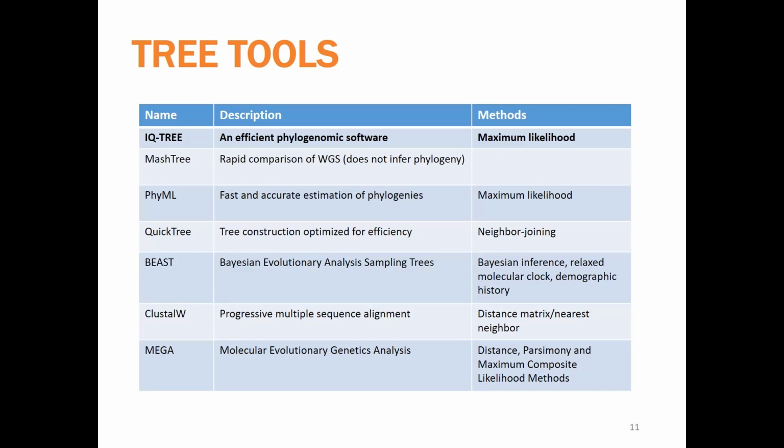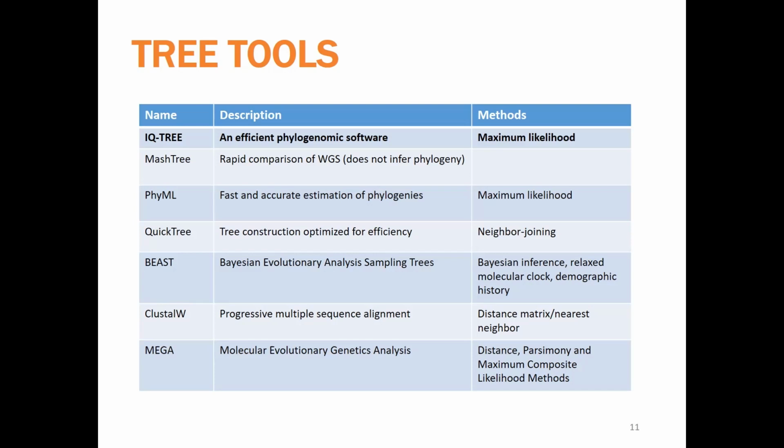You can run it just off of your FASTA or FASTQs if you just want to get a snapshot of the orientation. There's PhyML, which is also a maximum likelihood tree method. There's QuickTree. These other tree building methods I haven't tried out yet.